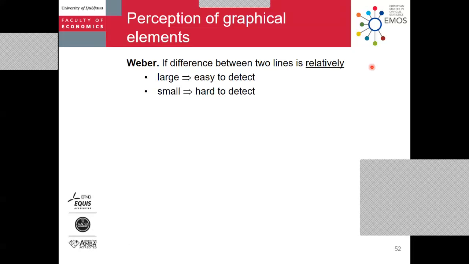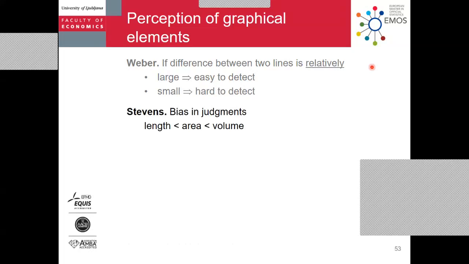And we have to be aware that when we have such small differences, our charts are not really telling much. Then Stevens estimated bias in judgments, and his results show that when comparing the length of two lines, the perceived length is quite similar to the true length, and the bias is small or non-existent.